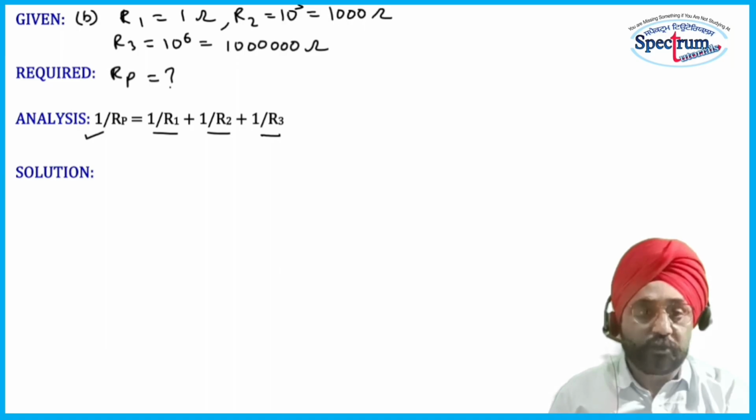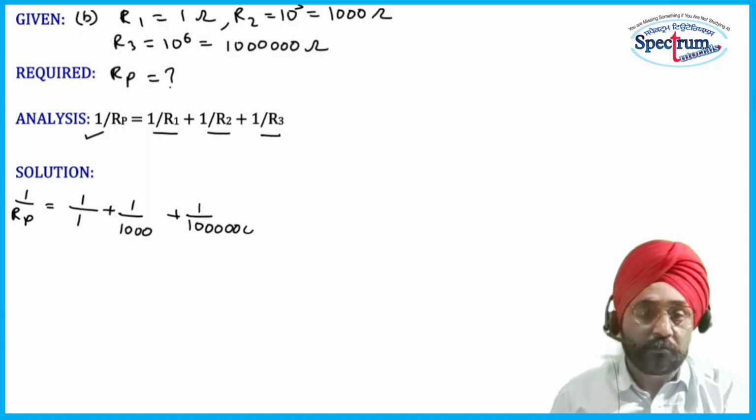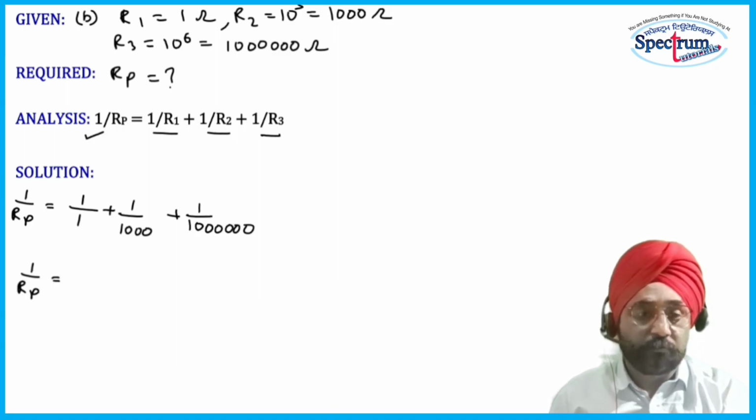Finding the solution. 1 over Rp is equal to 1 over R1 plus 1 over R2 plus 1 over R3. R1 is 1 ohm, R2 is 10 raised to the power 3 ohm, R3 is 10 raised to the power 6 ohm.